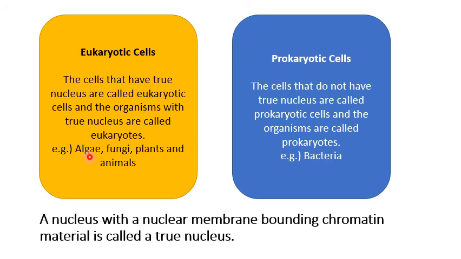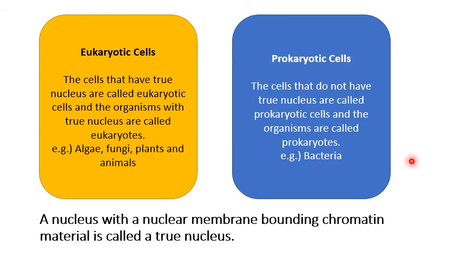For example, algae, fungi, plants, and animals. Next is prokaryotic cells. The cells that do not have a true nucleus are called prokaryotic cells, and the organisms are called prokaryotes. For example, bacteria.